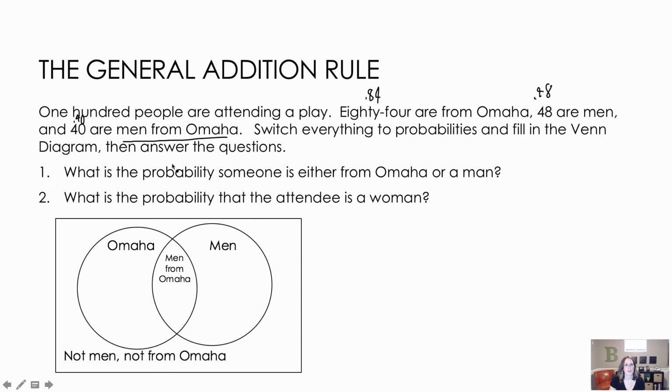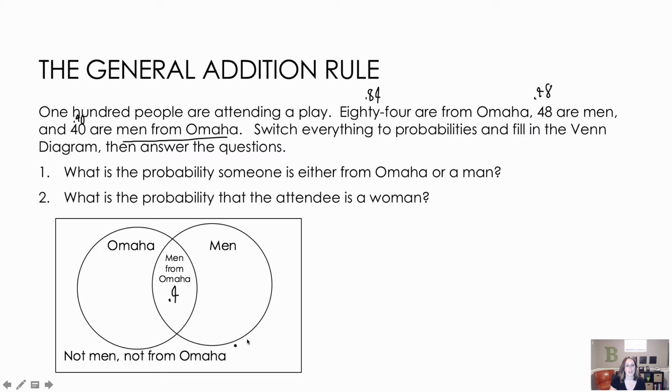So first, I know that 84 people are from Omaha, 48 are men, and 40 are men from Omaha. Now, men from Omaha, typically you wouldn't have a label in here. But what I'm looking for is the intersection of people who are from Omaha and who are men. Well, that's 0.4. Notice I haven't put either of these in the equation yet.